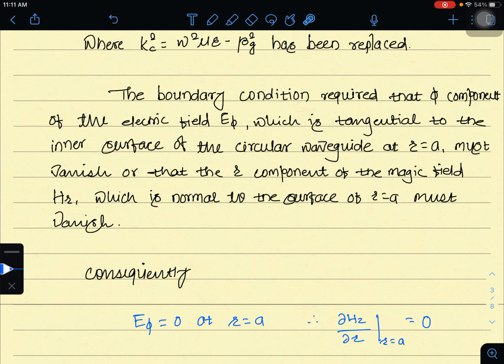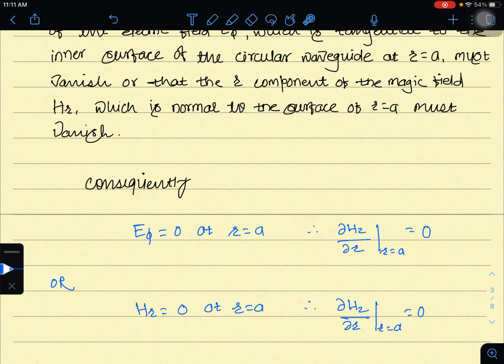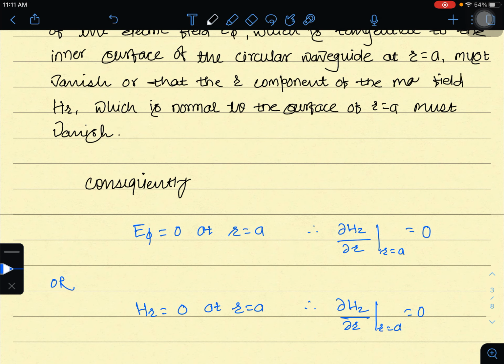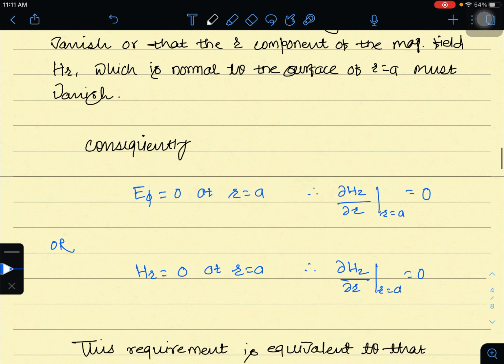That means one component vanishes. Suppose that the r component of the magnetic field Hr is completely normal to the surface. So just look at the boundary conditions regarding Eφ and Hr.